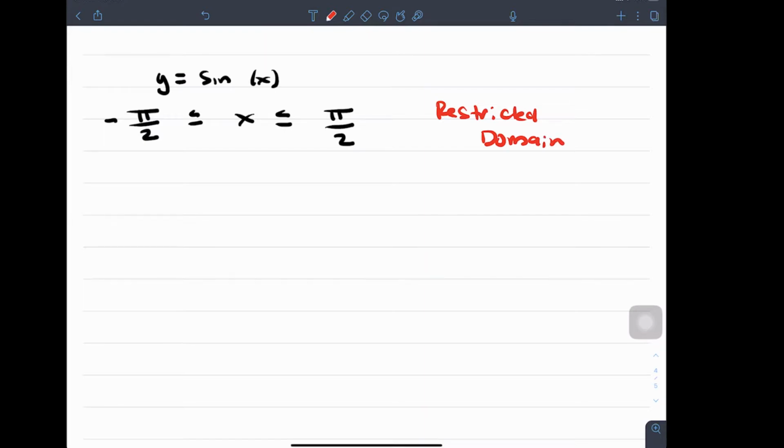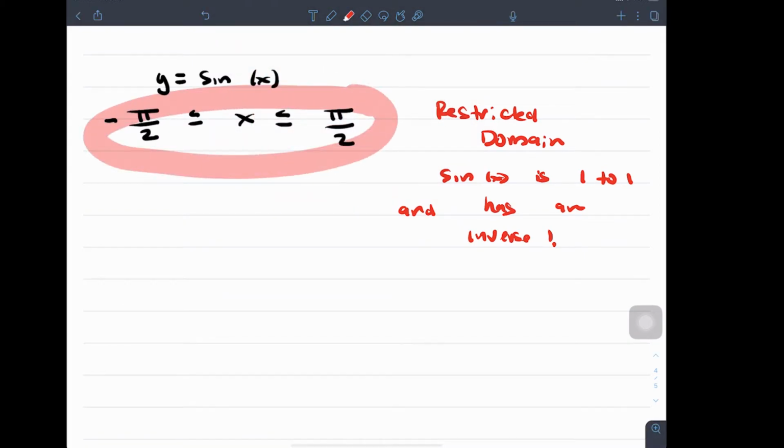And you say, why? So that sine is 1 to 1 and has an inverse. So right in here, this is that restricted domain.